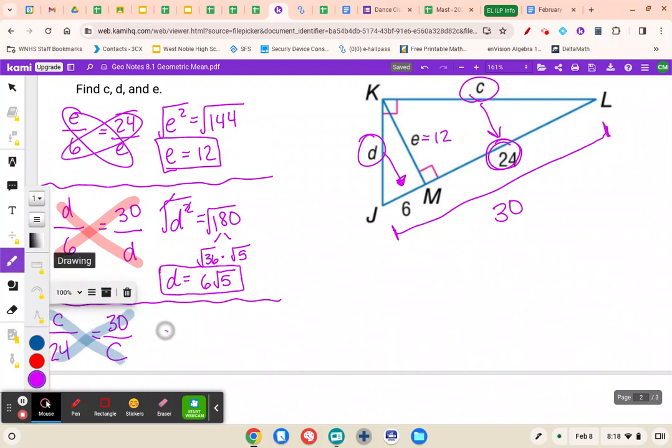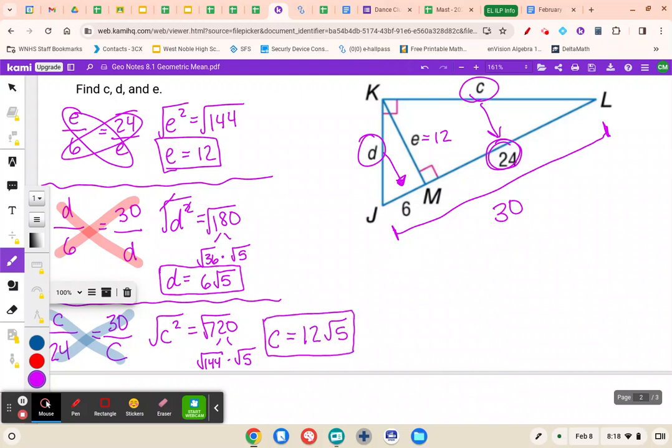You get that C squared is equal to 720. You take the square root, you have to break it down. You can break it into 144 and 5, which means that C, yes, is 12 square root 5. And you found all of your missing information. Yes, you could have used Pythagorean theorem for 2 of them, but that's fine, okay?